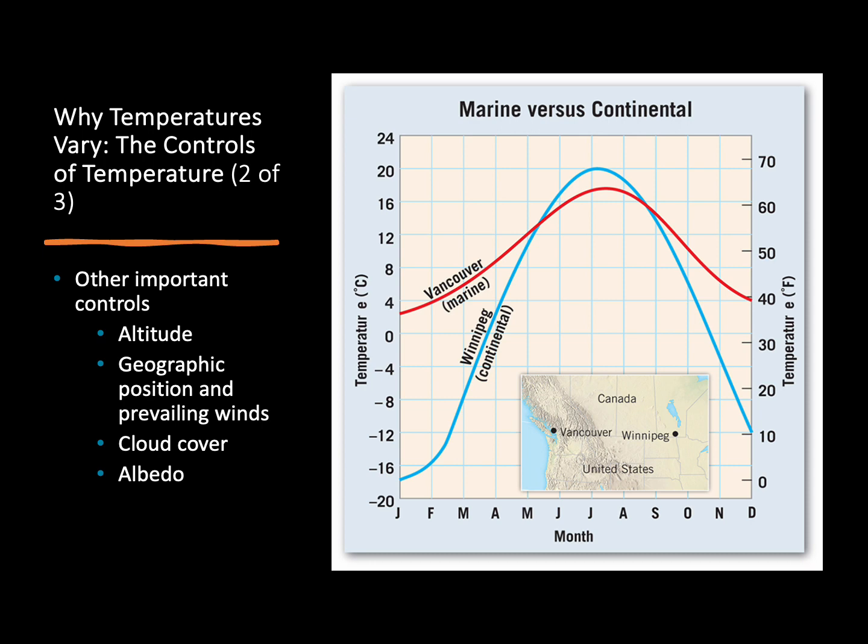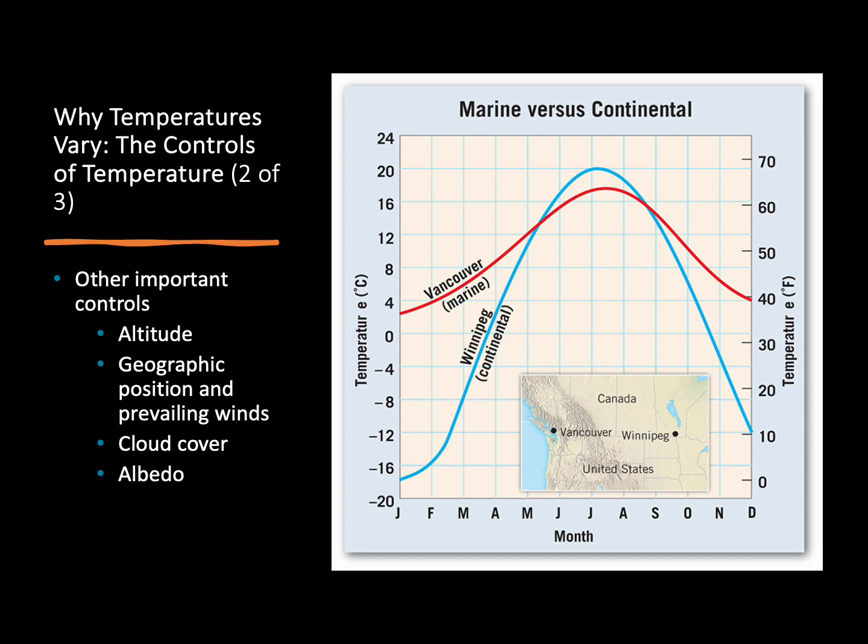But there are some other things that affect our temperature as well, like our altitude. We're going to see that in mountainous areas, it's going to be a cooler temperature than lower elevations due to that environmental lapse rate. We also need to look at the difference between like our cloud cover. If we live in a place like Seattle that's known for cloudiness and lots of rain, it's going to be cooler than nearby locations.